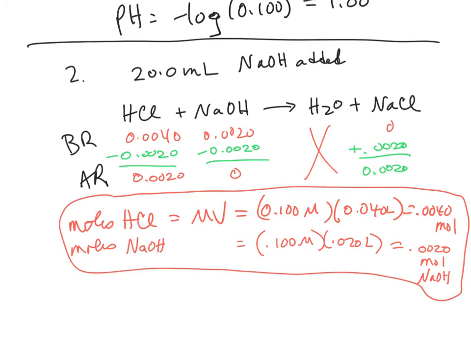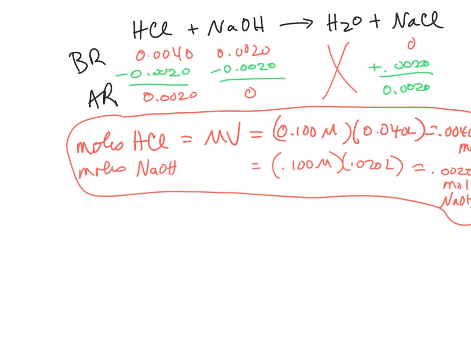So then you ask, what kind of solution is this? The sodium chloride contributes nothing to the pH. It's neutral. Remember, it's a salt that comes from a strong acid and a strong base. So it's the HCl that remains, and you have 0.0020 moles of it. So the pH will be the negative log of the H+ concentration.